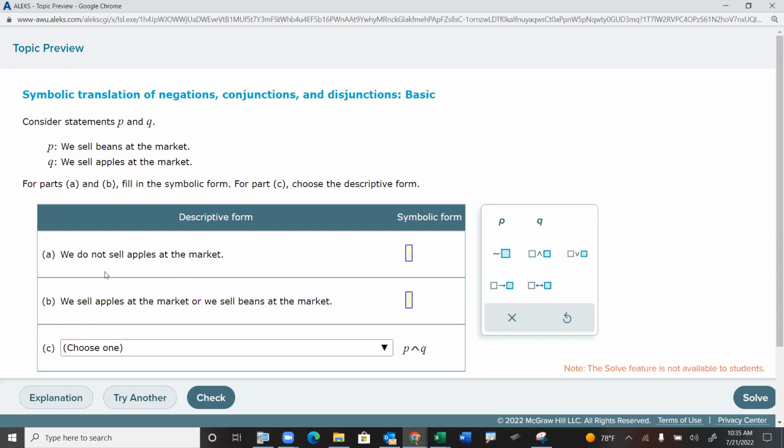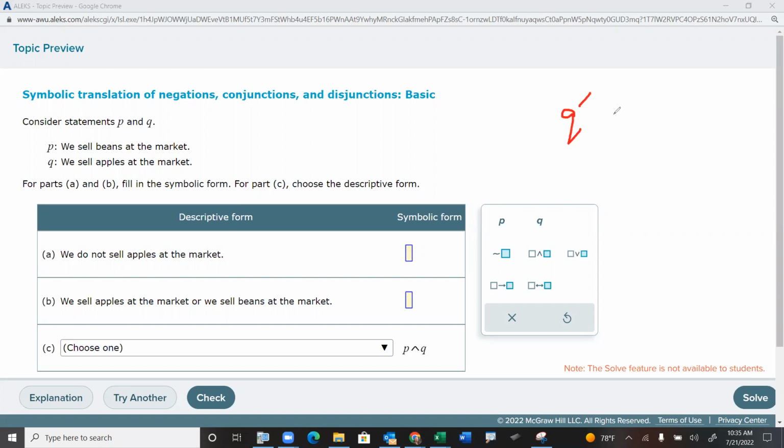Using the descriptors over here, we need to represent the statement: we do not sell apples at the market. Based on what you've seen in the past, you might say that means the opposite of "we sell apples at the market."